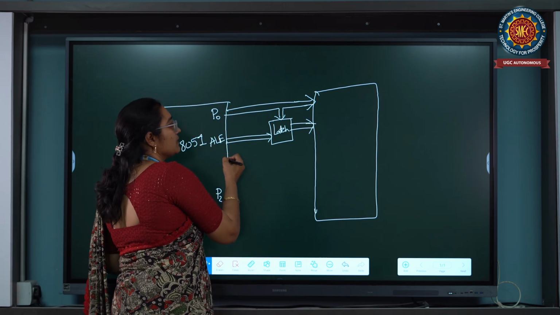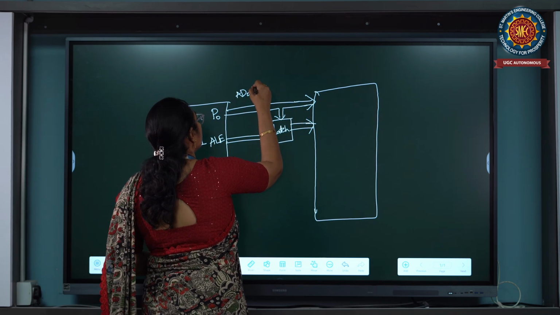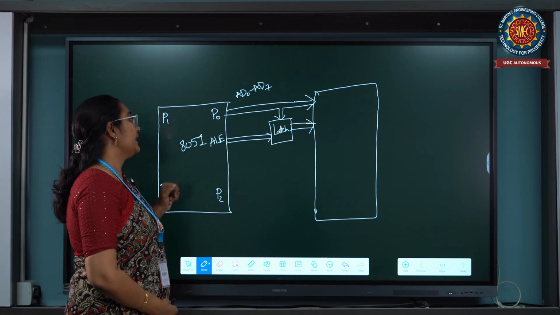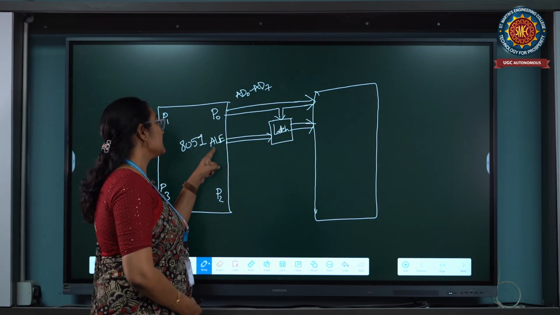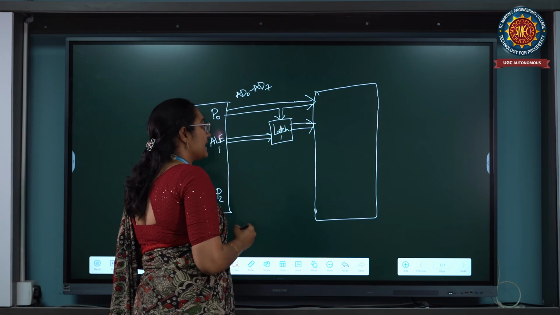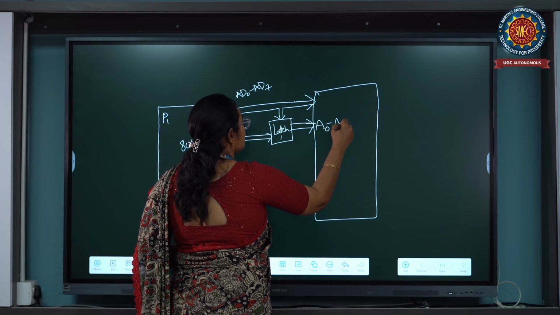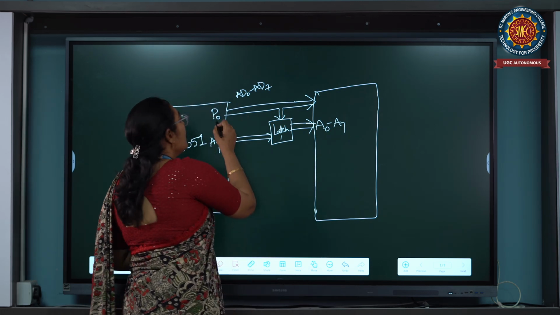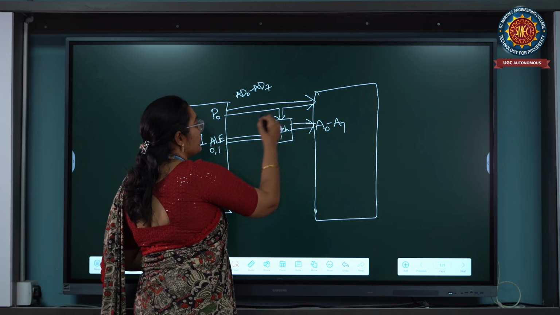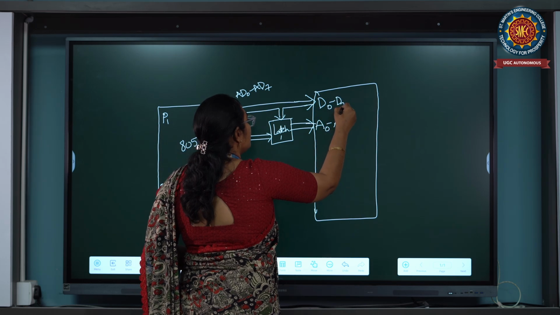Port 0 consists of address and data lines ranging from AD0 to AD7. When the latch is enabled, that is when ALE is high, we can access the address lines ranging from A0 to A7, and when ALE is 0, then port 0 accesses the data lines, ranging from D0 to D7.